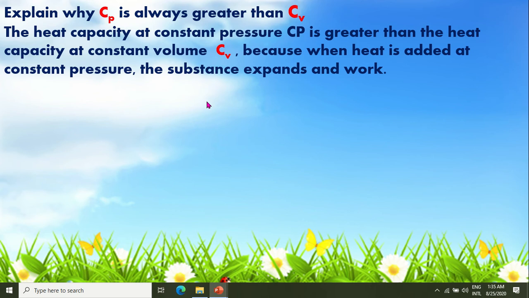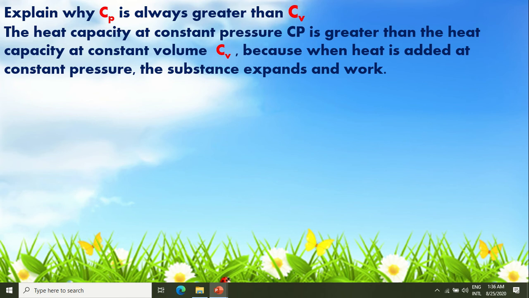I will make it more clear. Suppose you want to raise the temperature of 1 mole of gas by 1 Kelvin, then you have to supply heat. So if you supply heat to 1 mole of gas for raising 1 Kelvin temperature by keeping its volume constant, that time the heat which is supplied to the system is used only to increase the temperature, not the volume, because volume is constant.